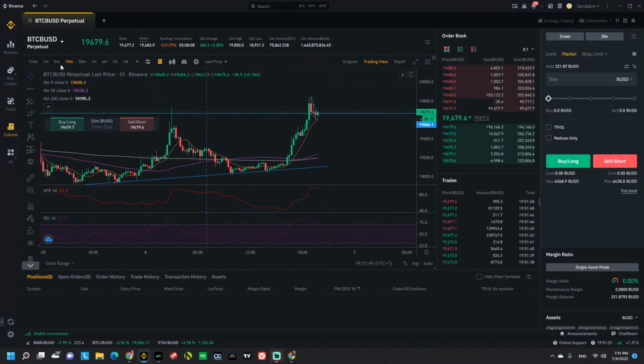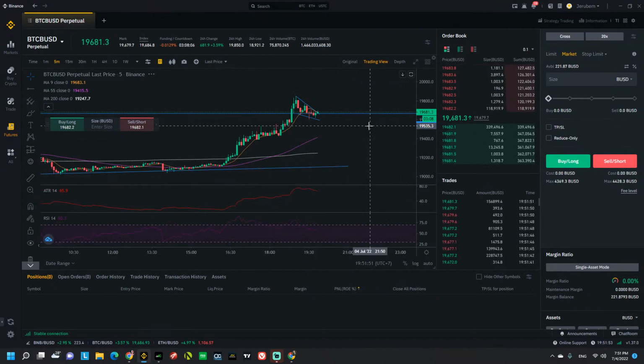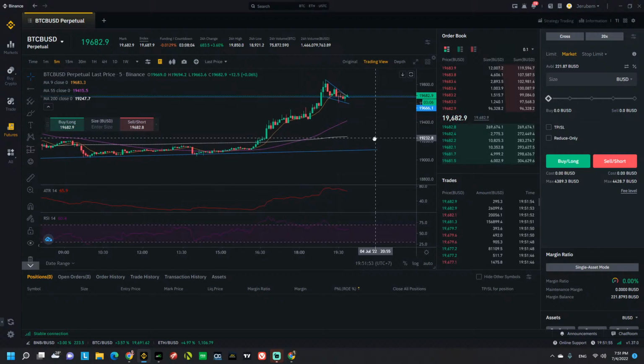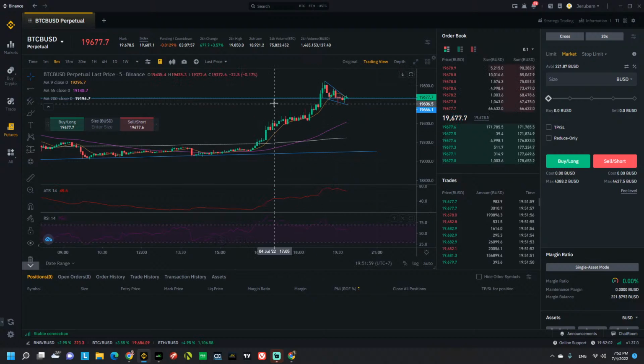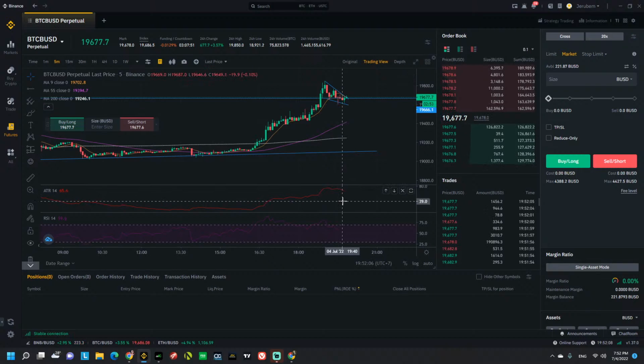Let's see. 5-minute. Oh, there's a divergence. So we're not sure yet if it's going up or down, but the ATR is already high.